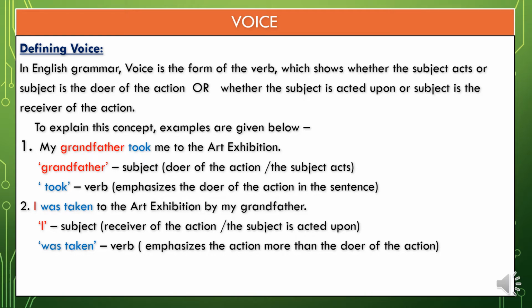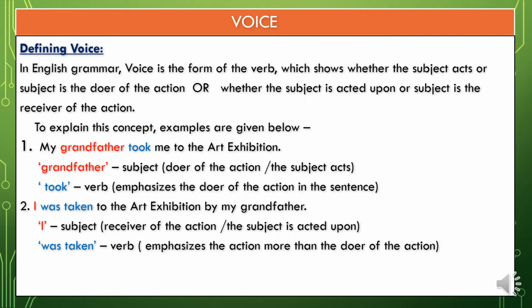I was taken to the art exhibition by my grandfather. Here, I is the subject, was taken is the verb, and my grandfather is the object. Now, did the subject I perform the action? No. Here, the subject is not the doer of the action.